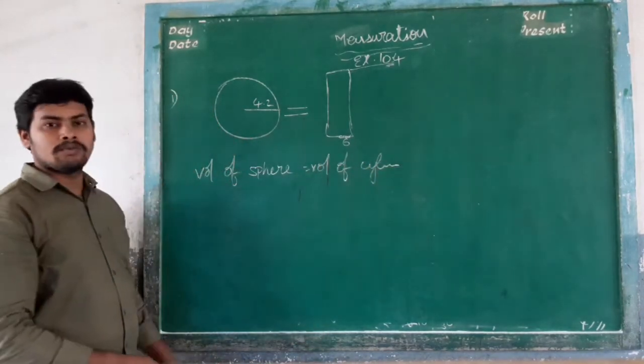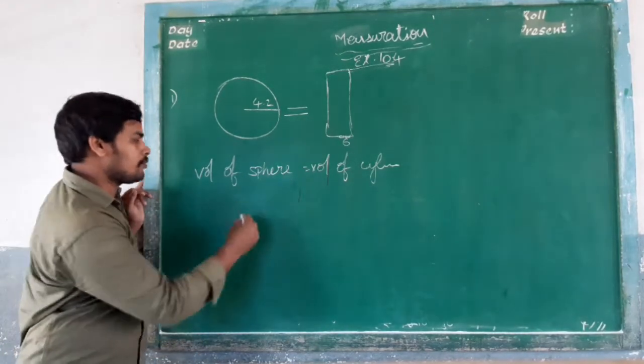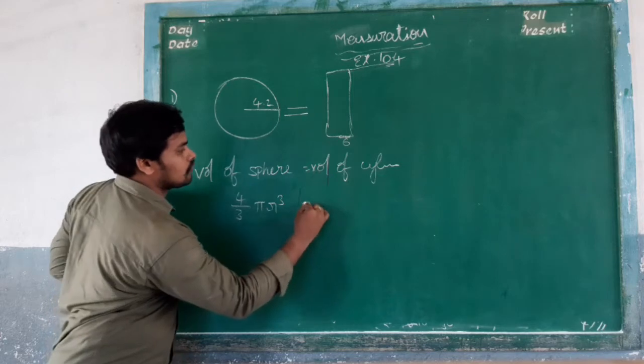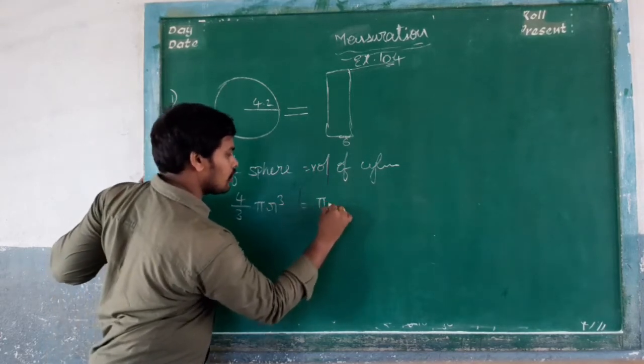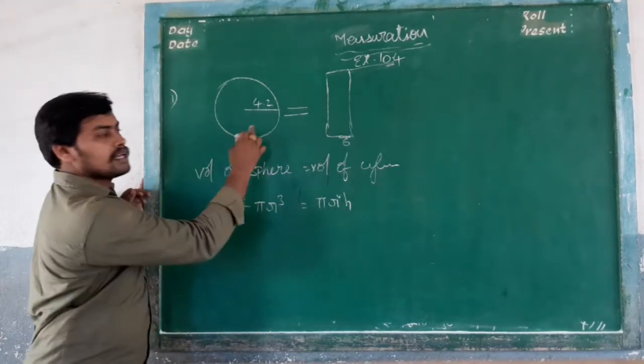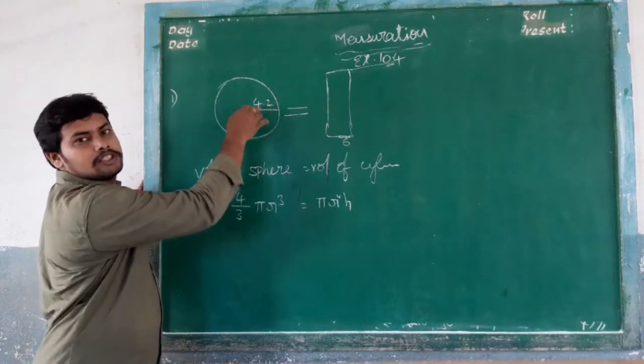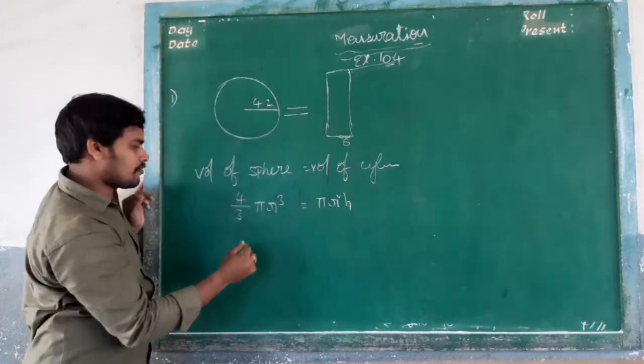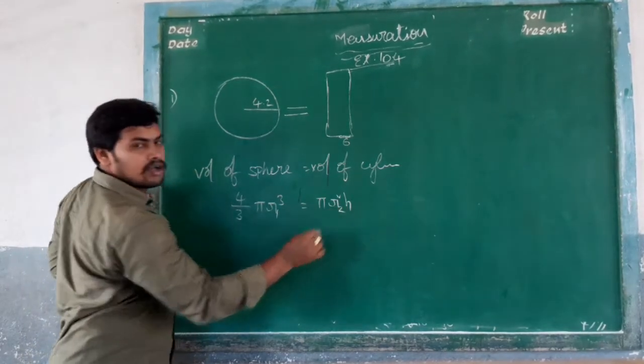Volume of sphere, formula 4 by 3 pi r cube, equal to volume of cylinder, pi r square h. Here the radius of the sphere is 4.2 and the radius of the cylinder is 6. So the radii are different: r1, r2.